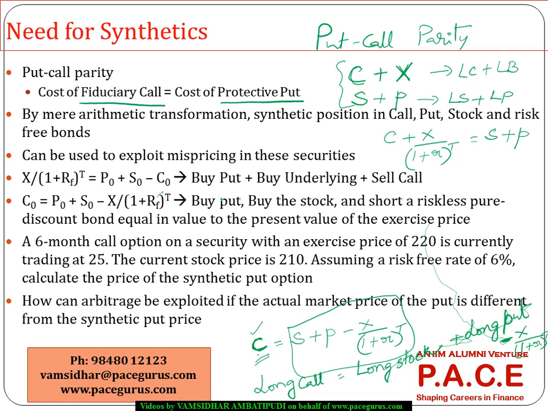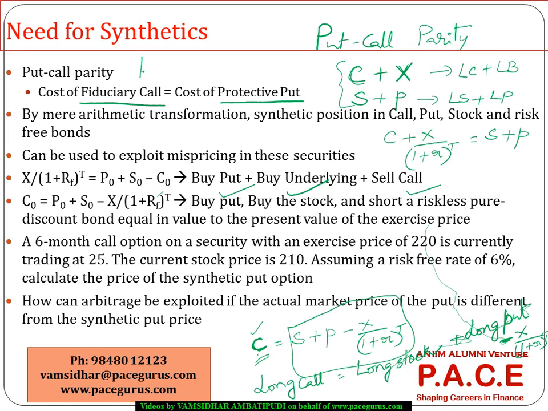So buying a call is as good as buying a put, buying the stock and shorting a riskless pure discount bond whose value is equal to the present value of the exercise price. In that case, we are creating the position of a call option without using the call option. Same way, you can play around.